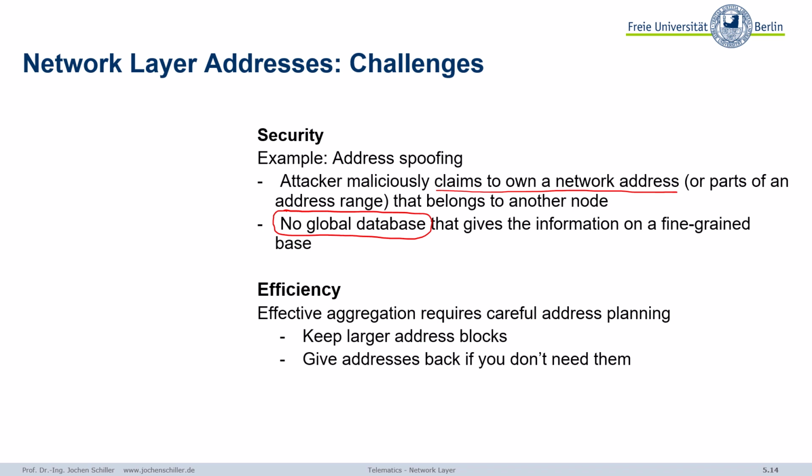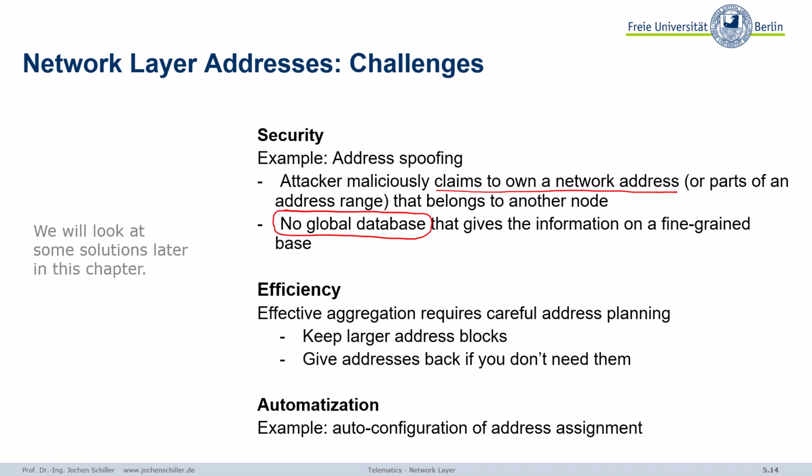So you have to give back addresses if you don't need them, but that's sometimes a problem then with the aggregation. And we also see that we have to do this all in an automated fashion. So no one wants to do this manually. So all the address assignment, picking the right address, etc. We will look at some of the solutions later in the chapter.